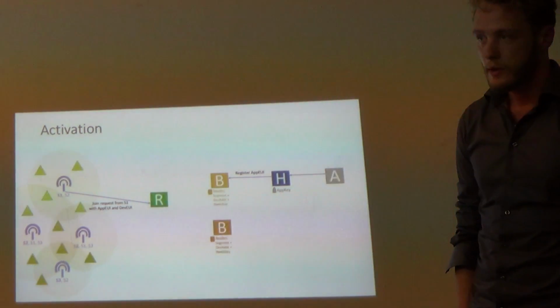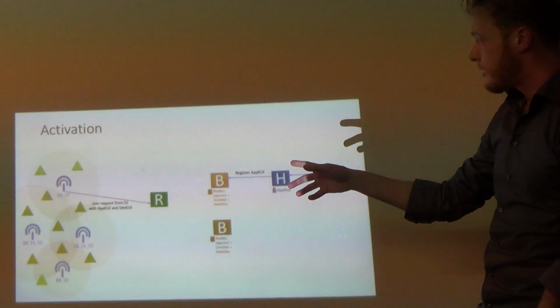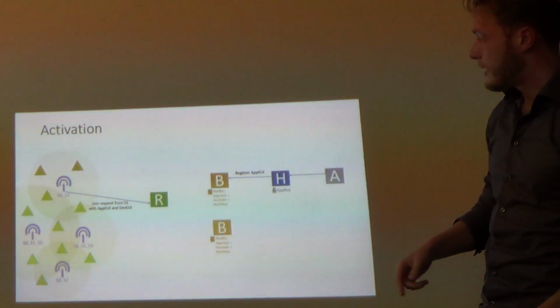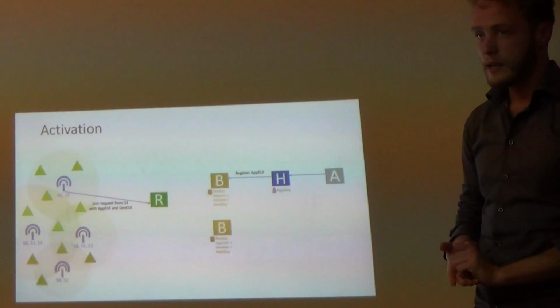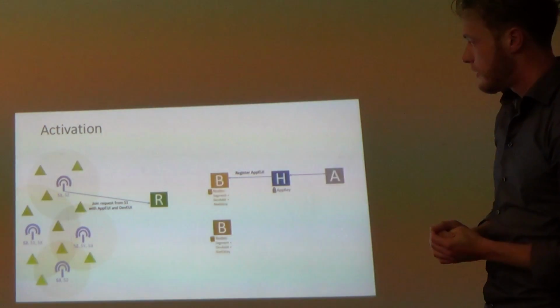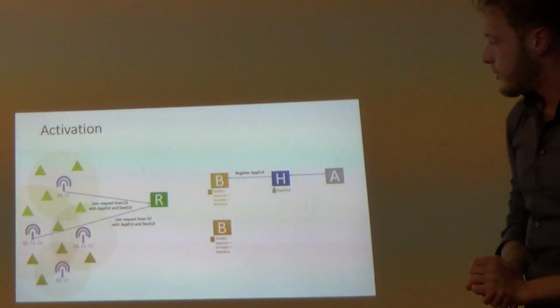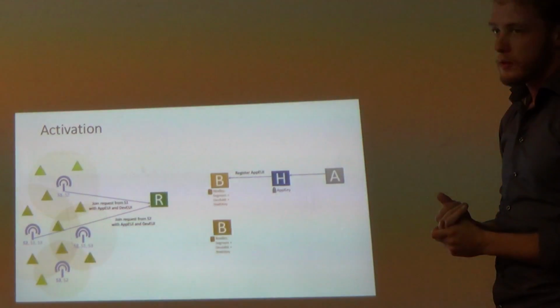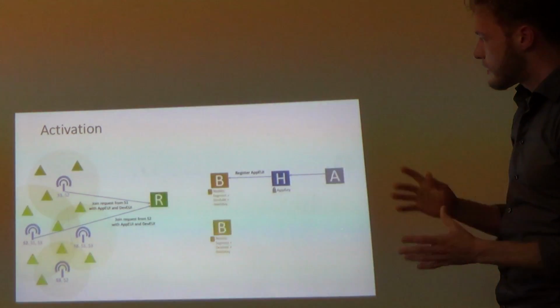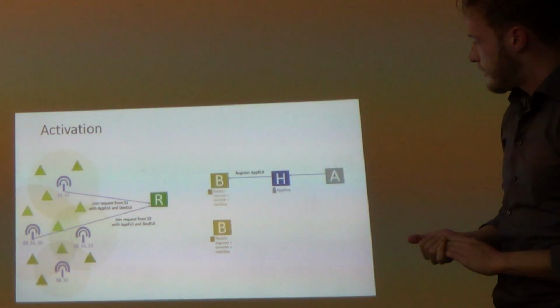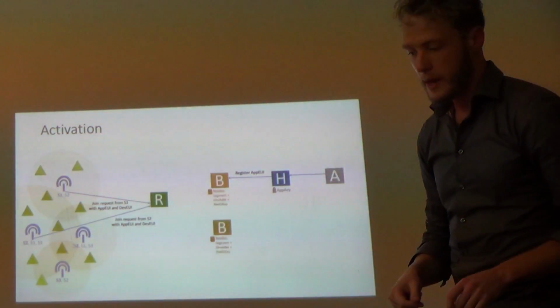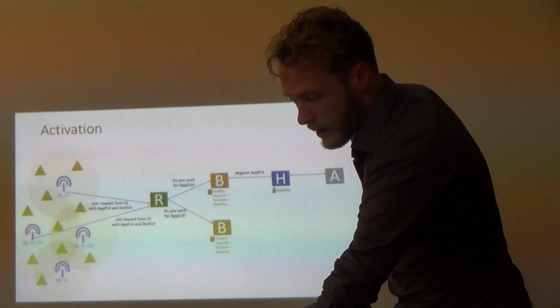I want to join the network, and the gateway adds to this that the primary segment is S1, because that is the primary segment of this specific gateway. But then you would also have the same join request from another gateway, because it's in an overlapping area, from segment 2, with the same app EUI and dev EUI.